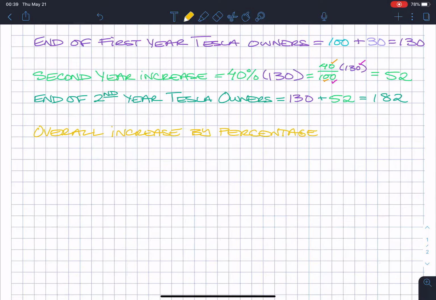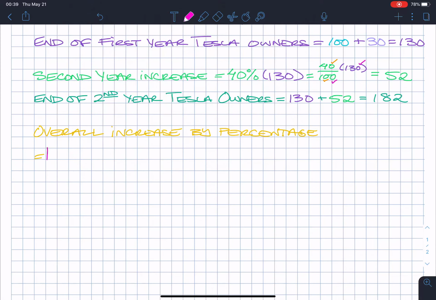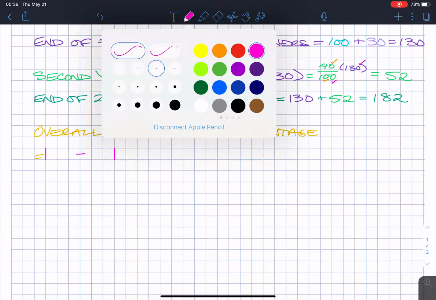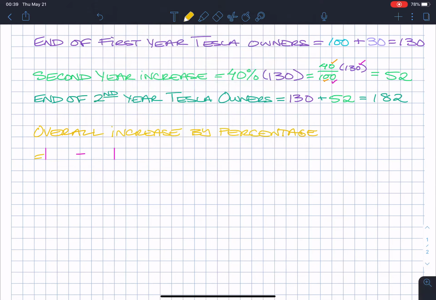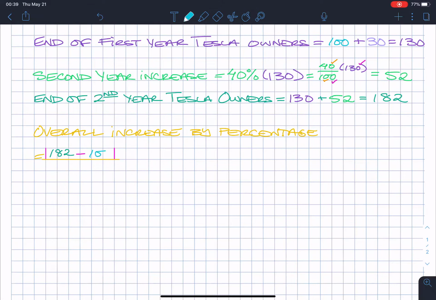Well, that's going to be the absolute increase, which is final amount minus starting amount, which we're then going to divide by starting amount. The final amount was 182 Teslas. I began with 100 Teslas, and I'm going to divide by 100 Teslas.